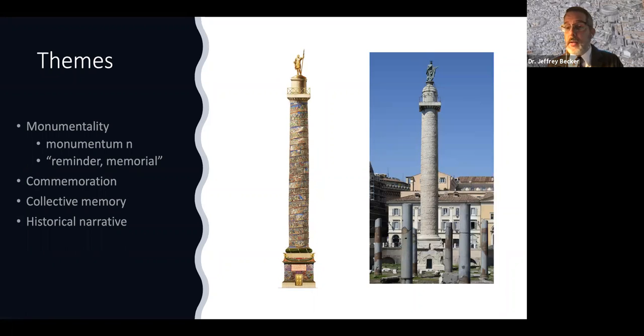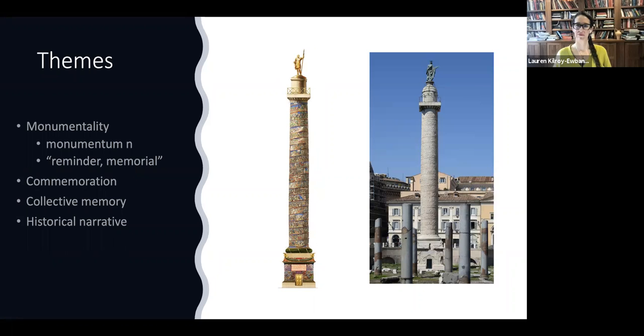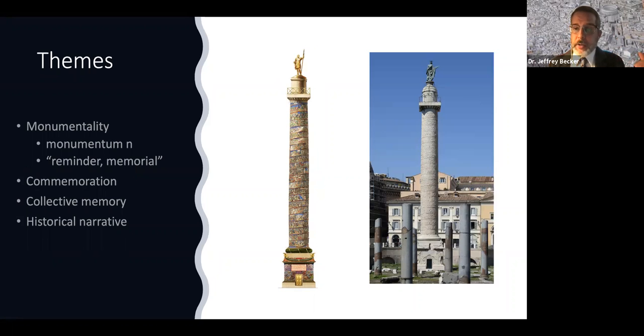But viewership is an important question, right? Because a lot of the immediate Roman comparanda for the ideas that inform the Column of Trajan are things that are commissioned and executed much closer to ground level, where viewership really isn't a debate, right? The viewer can almost confront the things at eye level in some cases. So this kind of deployment is different.